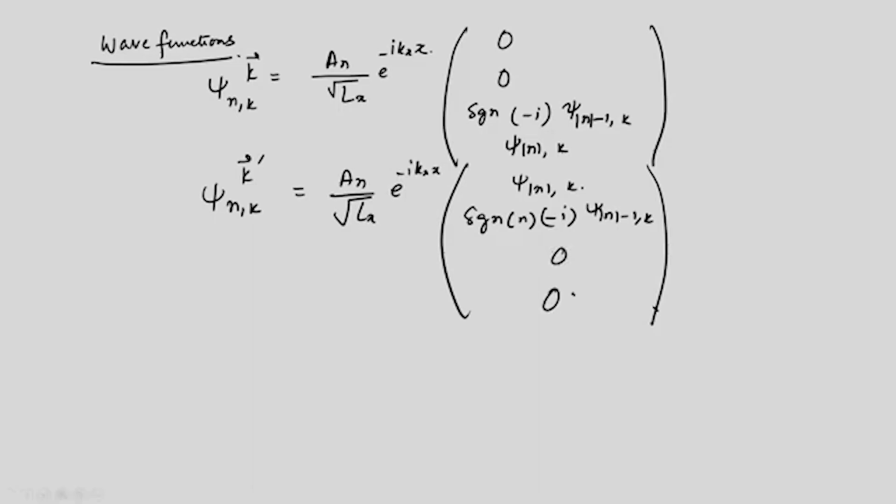That is the structure of that, and this a_n is equal to 1 for n equal to 0, and this is equal to 1 by root 2 for n not equal to 0.